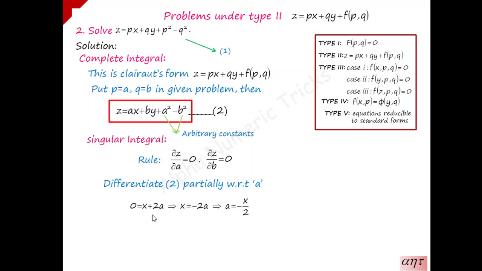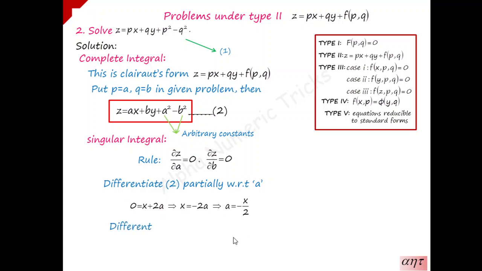So we have x + 2a = 0. From this, taking 2a to the other side, it becomes -2a = x. And taking -2 to the left-hand side as the denominator, we easily find the value of a, which is equal to -x/2.